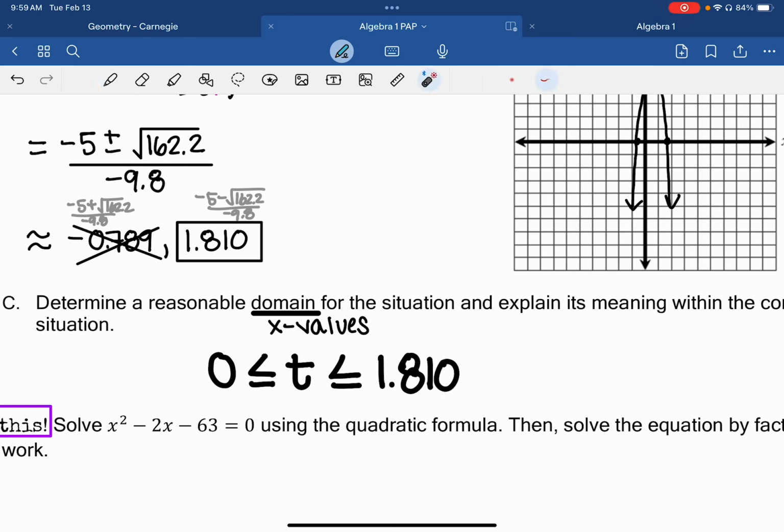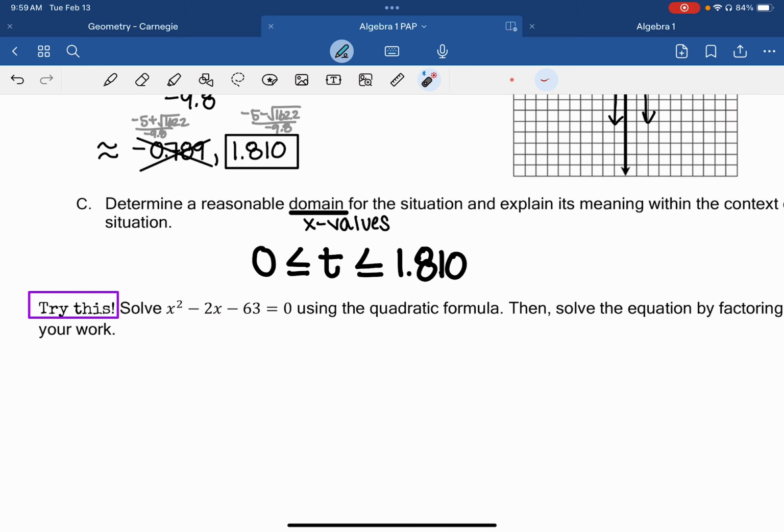So once again, we're launching here at 0 seconds, and we're going to hit the ground after 1.810 seconds.